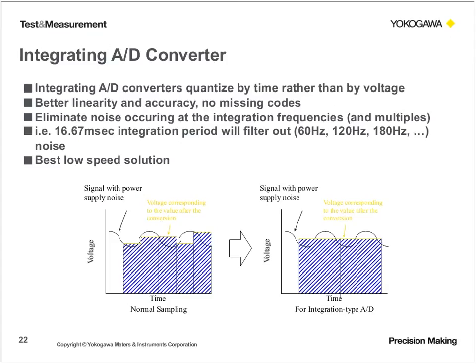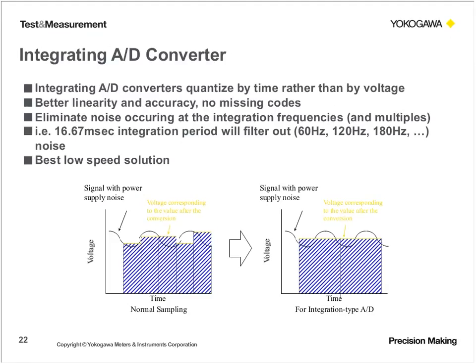So why does power line noise occur? As I said, it can be either conducted or radiated, and typically, in the case of conducted noise, that's something that can be easily solved.